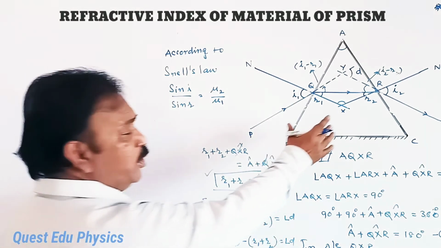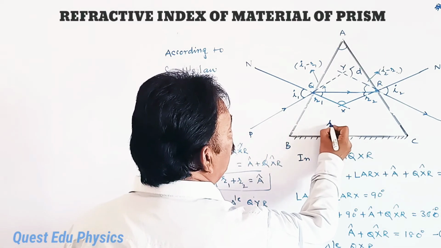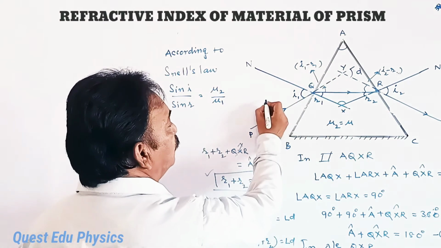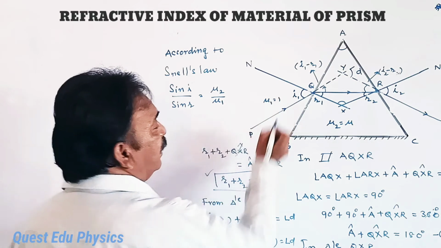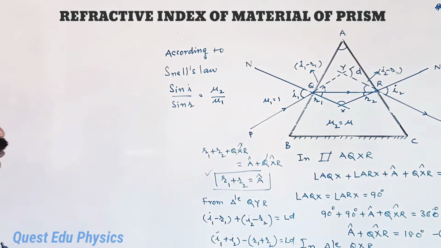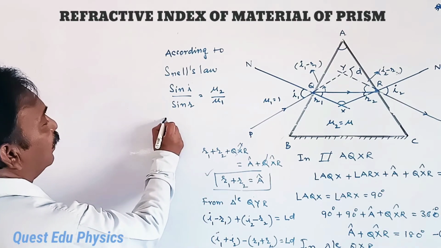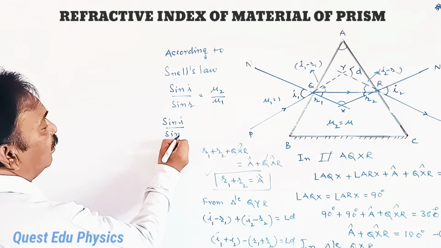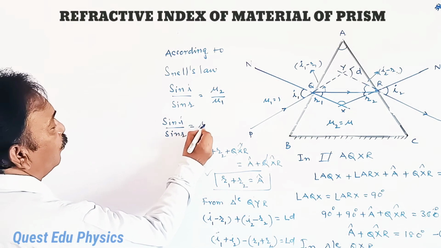Let's say mu2 is the refractive index of the material of the prism; I'm calling it mu. Here it is kept in air, so the first medium is air and it has refractive index 1. This can be further written as sine I by sine R is equal to mu.